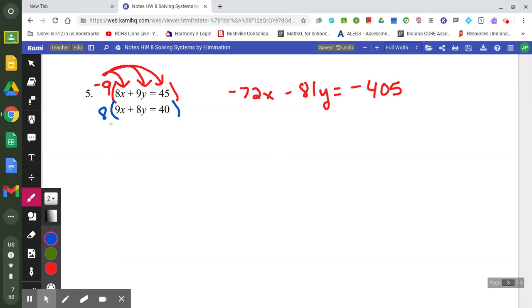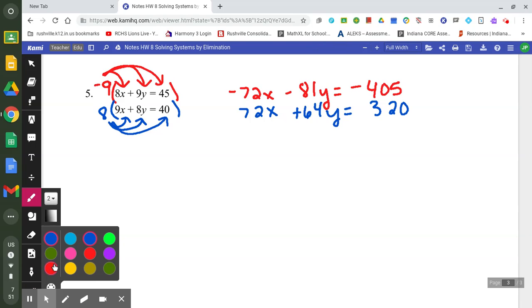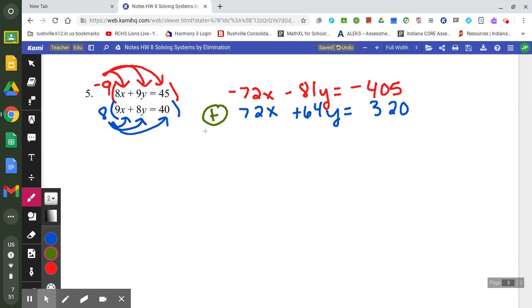Okay, then on bottom, 8 times positive 9x is 72x. 8 times 8 is plus 64y equals 8 times 40 is 320. So now that my x values have the same number but opposite signs, I can add my two equations together.